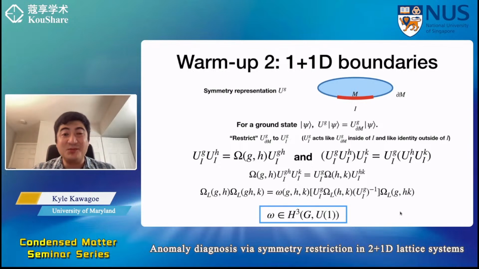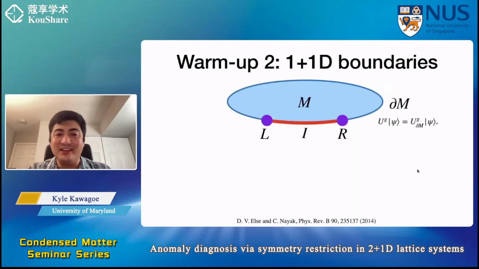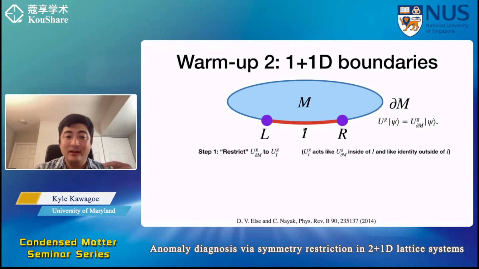Okay, so since we're going to be doing this in one higher dimension, I just want to reiterate what these steps were. And of course, since I had a technical glitch, it's probably helpful to just go over the steps again anyway. As a reminder, for this 2+1D system that has a 1+1D boundary theory, whose symmetry is given by this anomalous symmetry action UG on the boundary of M, in order to compute the anomaly or the cocycle, we restrict this boundary operator to an interval on the boundary.